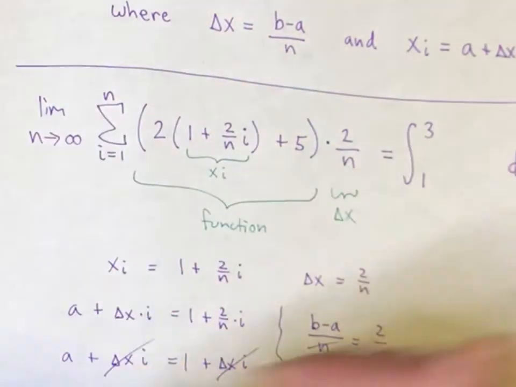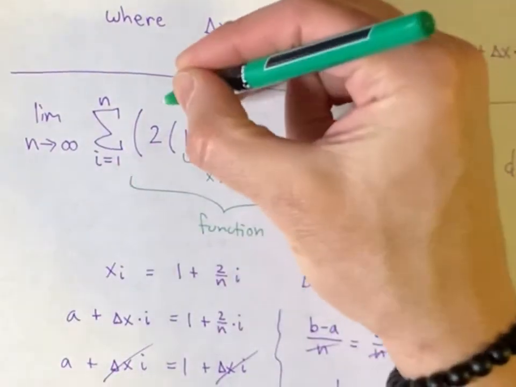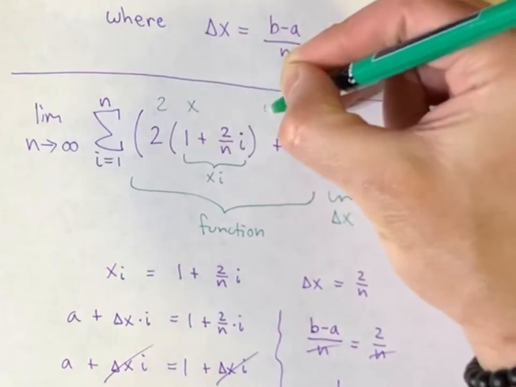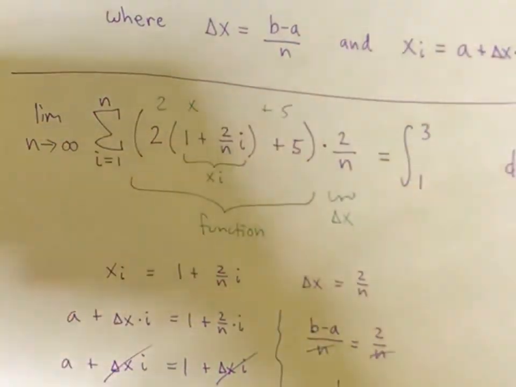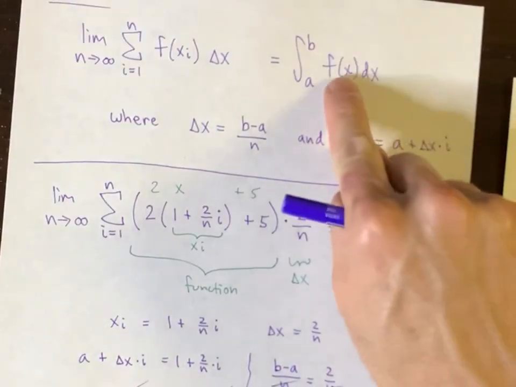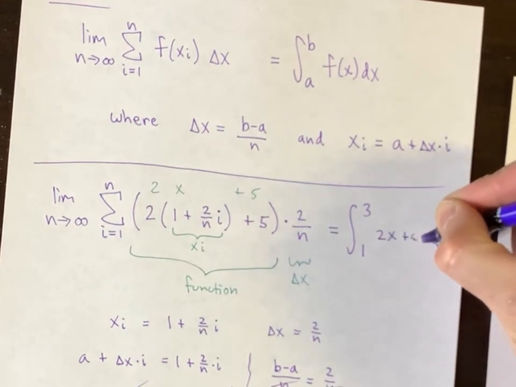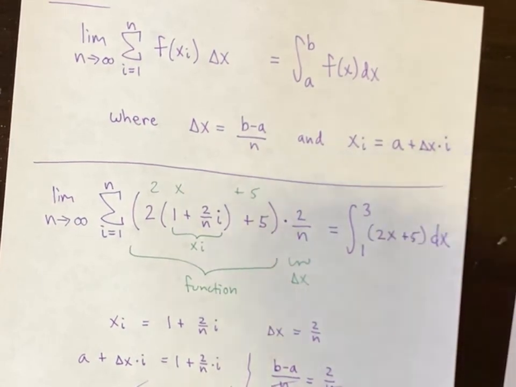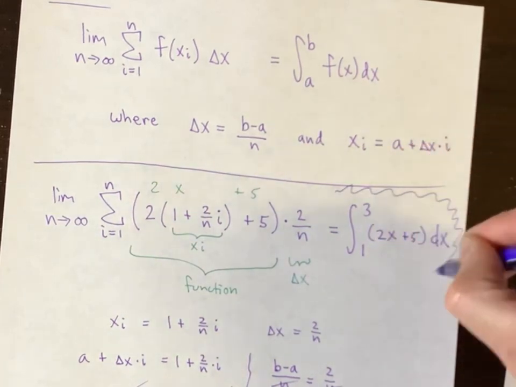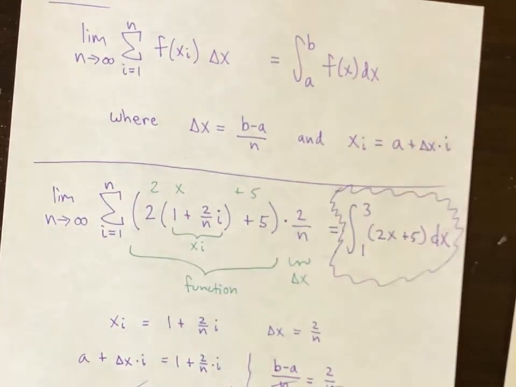So the function that you see is really just 2x plus 5. And so I propose that our f of x function is just 2x plus 5 in parentheses. So this here, I propose, is the result.